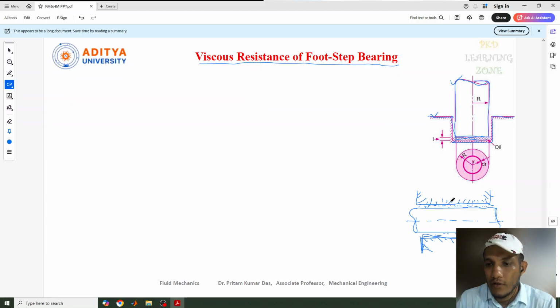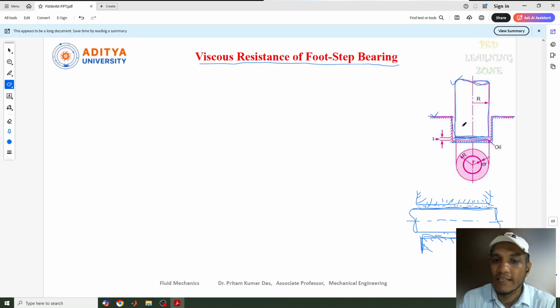Now if you see the journal bearing, we have surface contact with respect to this oil film. But coming to the footstep bearing, the radius part, or we can say the diameter part, of the shaft is in contact with this oil film.